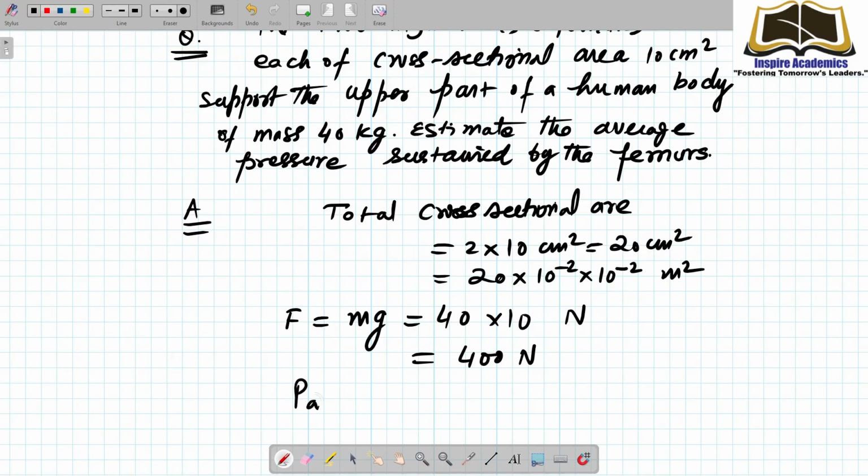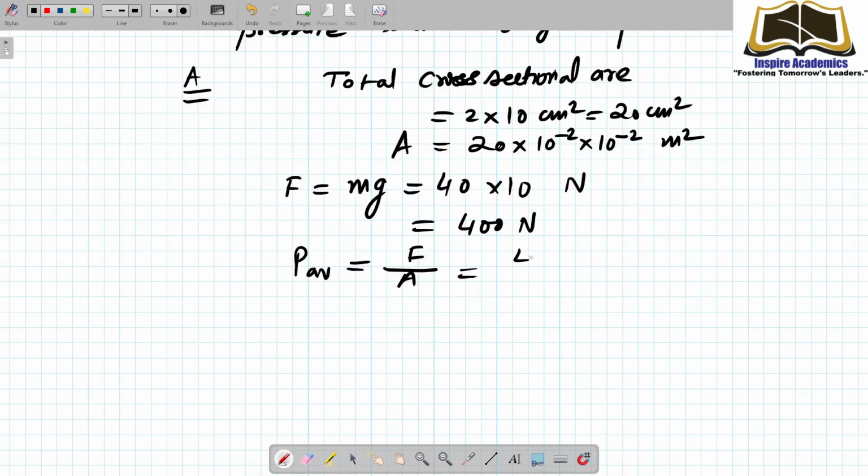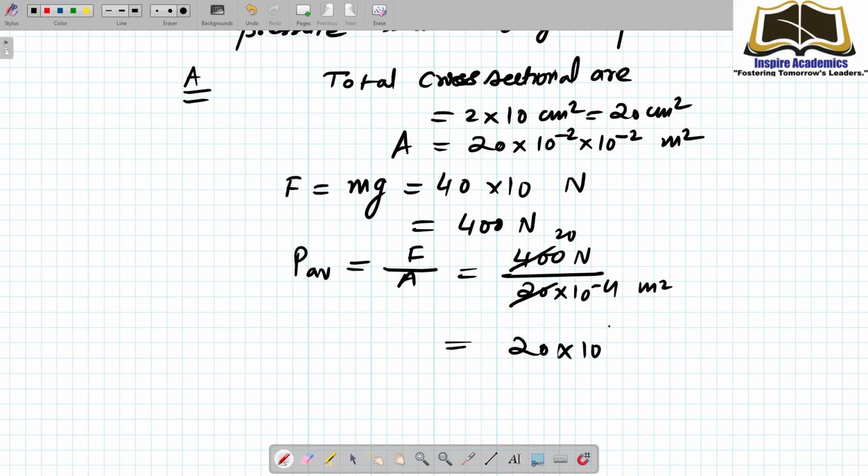So P average is F upon A. तो pressure निकालोगे 400 Newton upon 20 times 10 to the power -4 meter square. So the answer: 20 times 10 to the power 4 Newton per meter square. Finally you can write it as 10 to the power 5 in standard form. So P average or pressure is calculated in this manner.